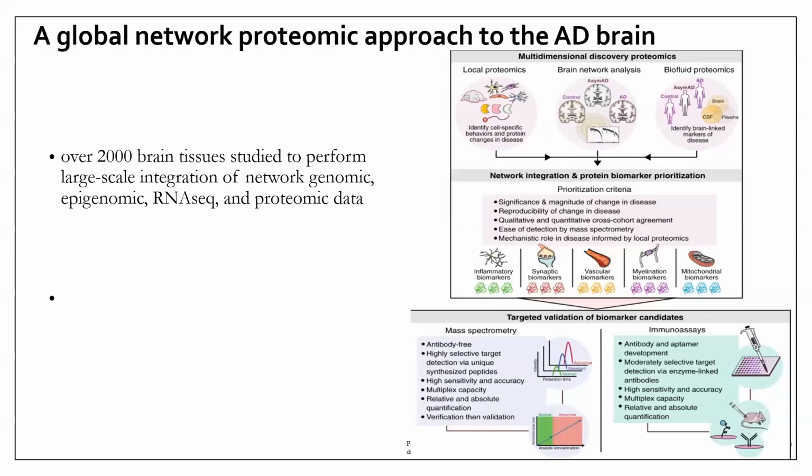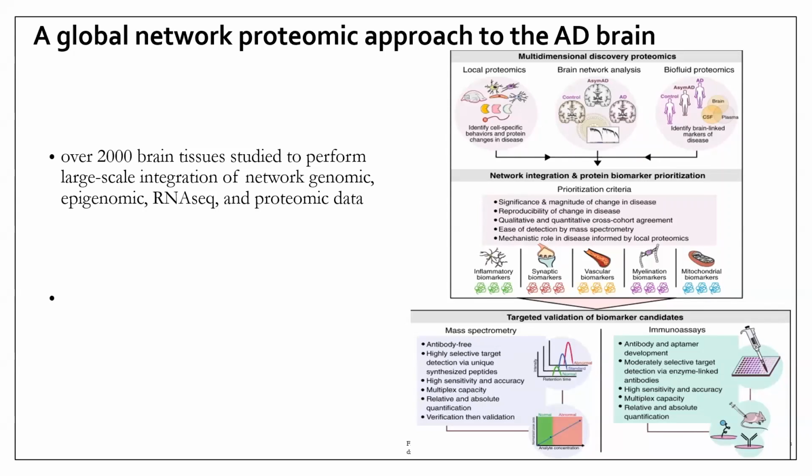And how have they done this? They have used two analytical techniques, that is mass spectrometry, which is antibody free, very highly sensitive and accurate, and relative and absolute quantifications can be done. And immunoassays, which are a bit costlier, because for that you have to have antibodies for the proteins which you are studying.